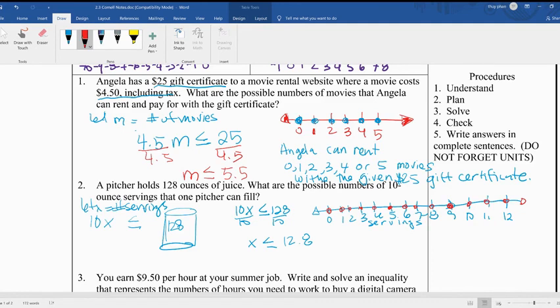So our solution is the possible numbers of 10-ounce servings to fill a pitcher.